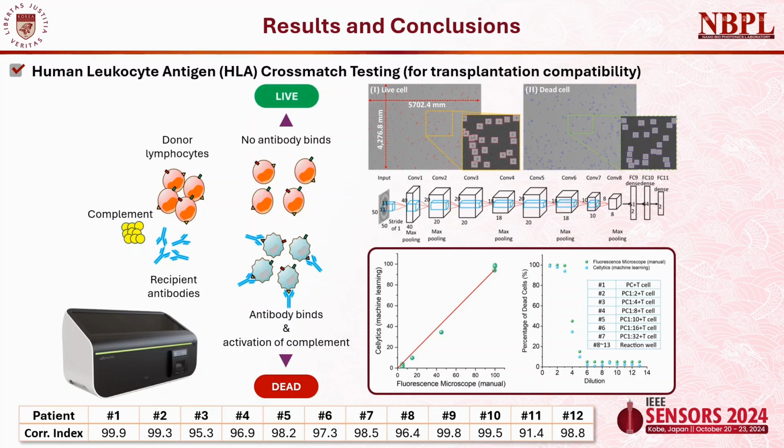The correlation between the two methods is extremely high, demonstrating that Cellytics can achieve accuracy comparable to manual microscopy. In fact, the correlation index is more than 90% across the whole range. In conclusion, Cellytics provides a fast and reliable method for analyzing cell viability and shows great potential as an alternative to conventional methods.